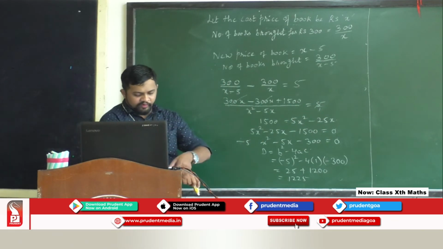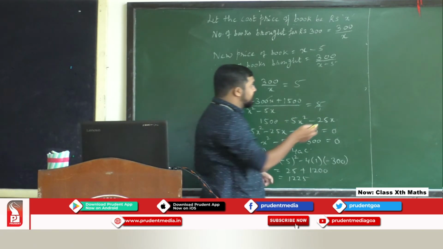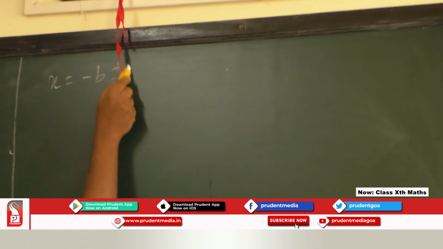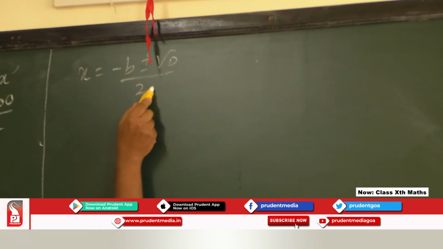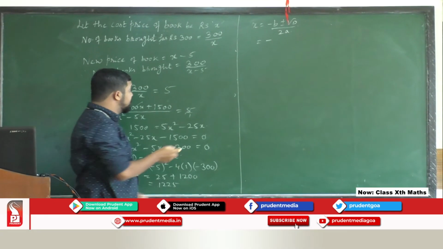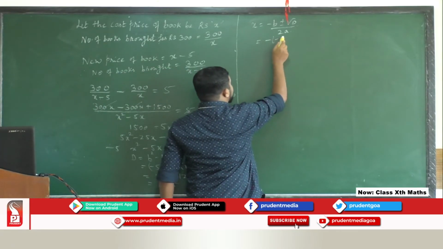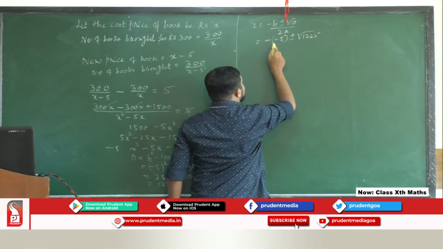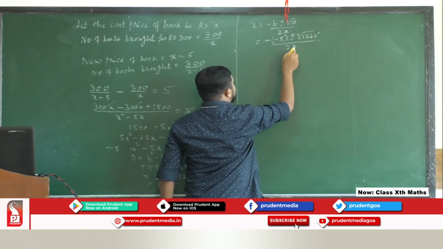Square root of 1225, so x equals minus b, the b term is also negative here, so minus of minus 5 plus or minus root 1225, divided by 2 into 1.